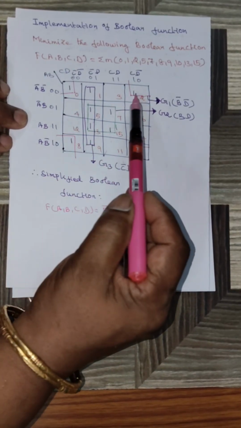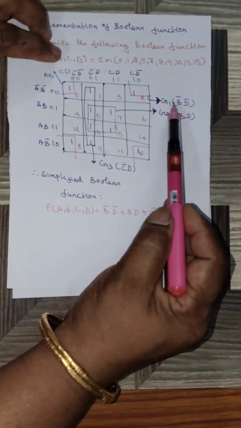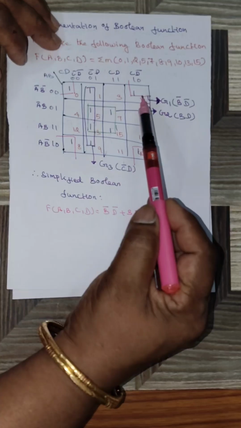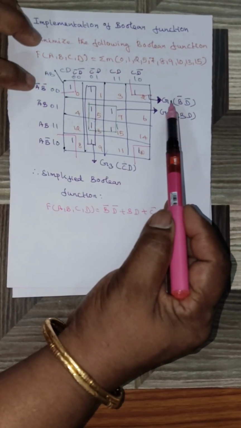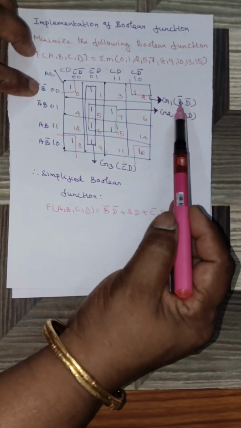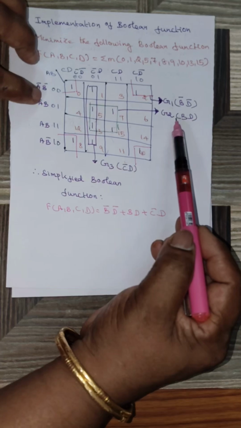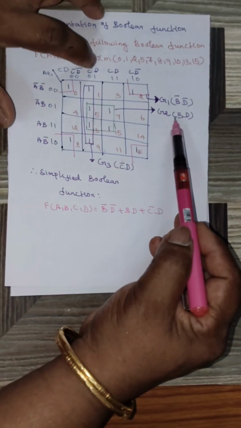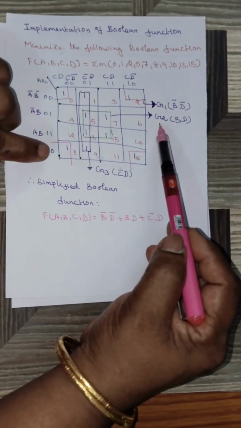So for this first group, the variables a and c are varied for each minterm, but the values of b and d are fixed, that is, a constant zero. So the final term will be b bar d bar. And for G2, it is b d because a and c variables are varied in those 4 minterms.